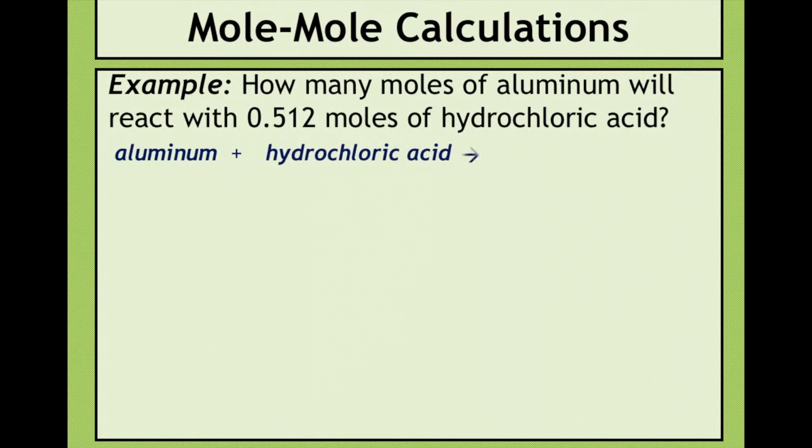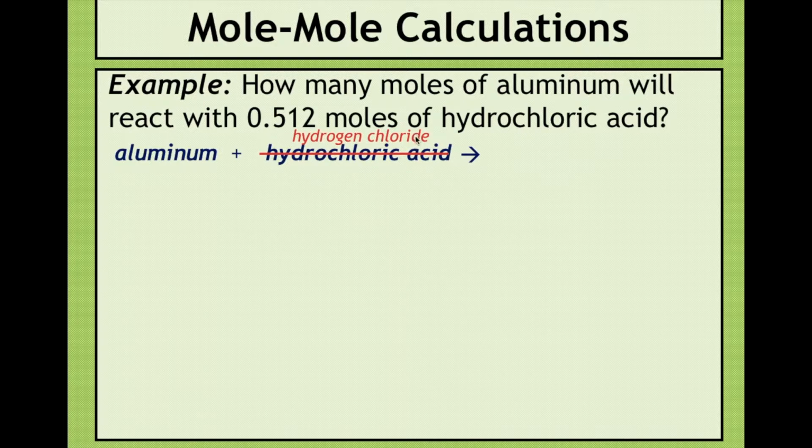So now we need to predict our products. In order to predict the products, we need to change hydrochloric acid to hydrogen chloride, okay? So remember hydro and ic, okay? The hydro and ic indicates that the ending of chlorine is ide, okay?